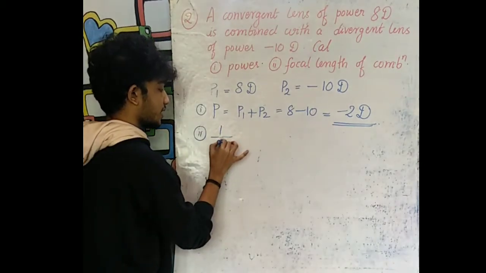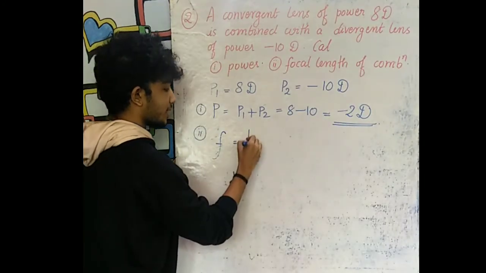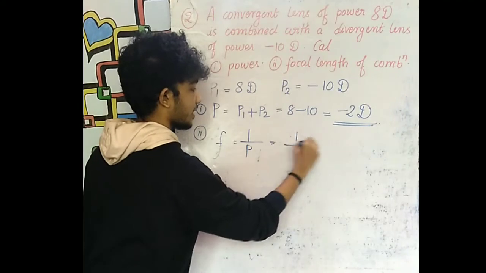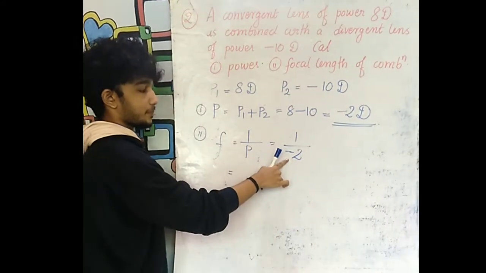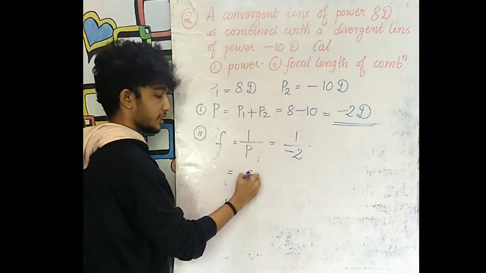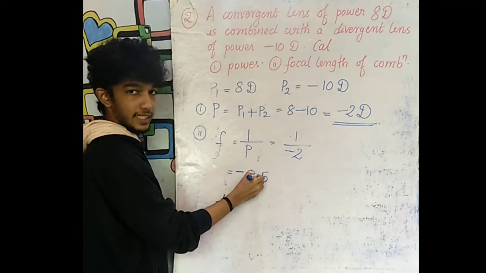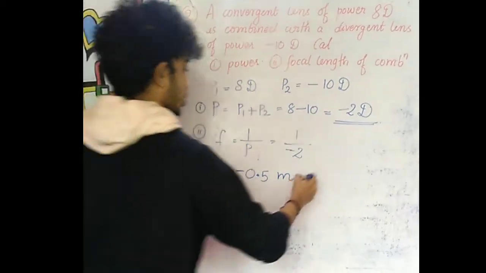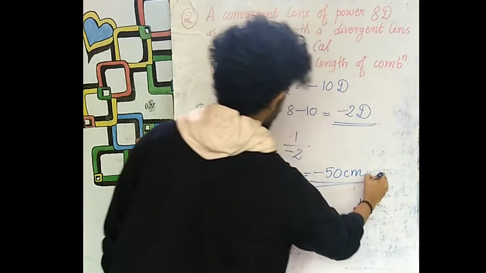Focal length of the combination, F is equal to 1 by P. P we have already found out. What is that? 1 by minus 2, which means half or 0.5. Minus 0.5, it is not in centimeter but meter. Minus 0.5 meter, or we can also write it as minus 50 centimeter.